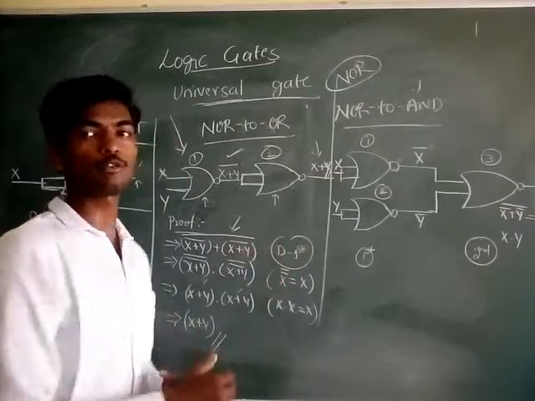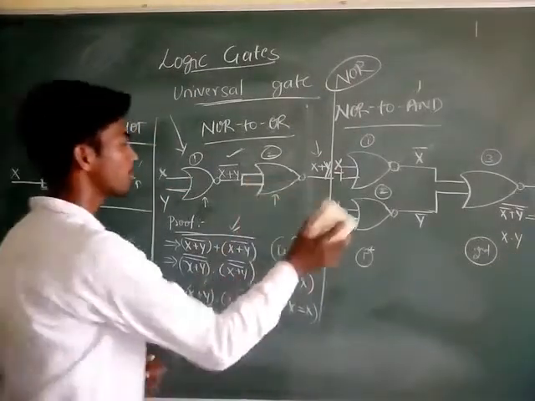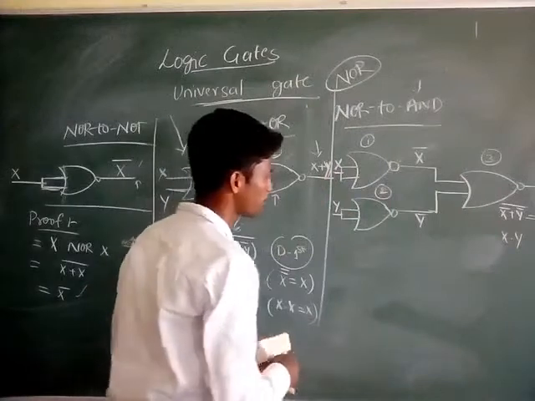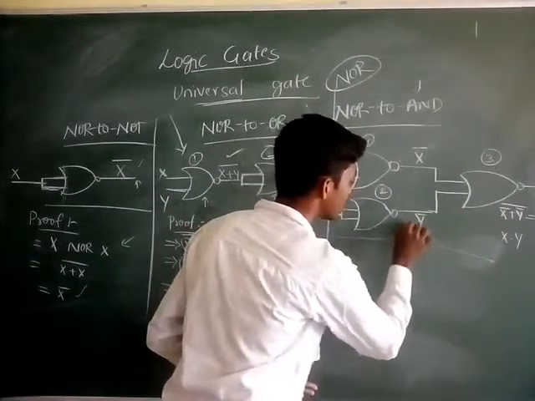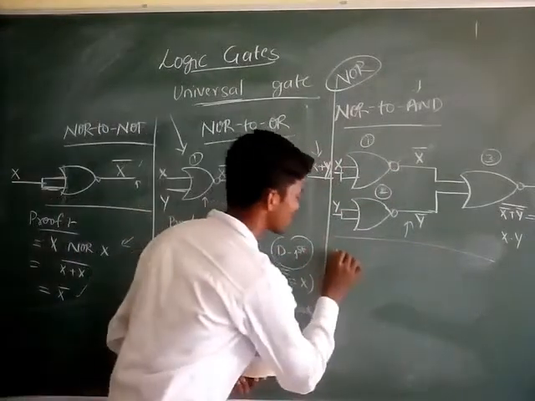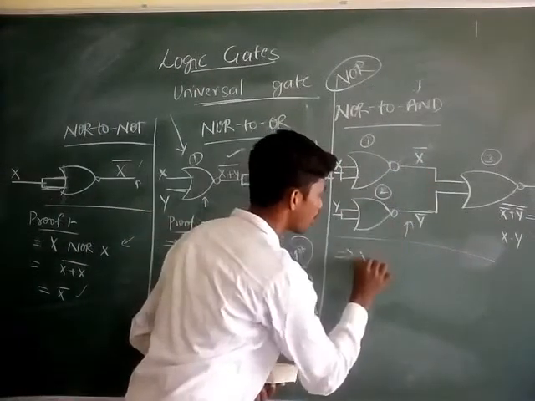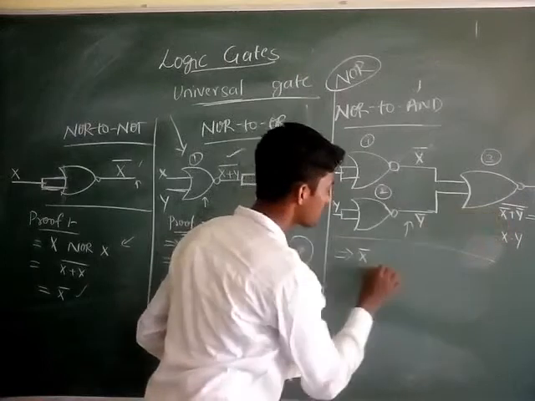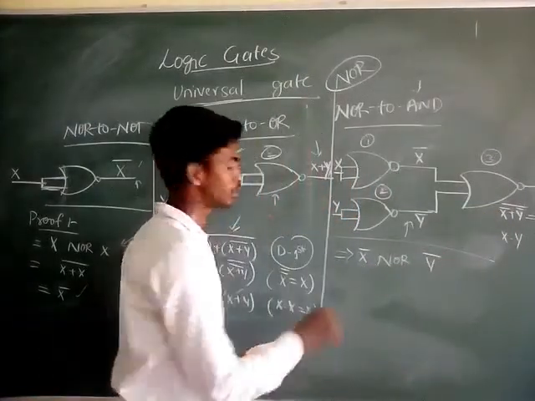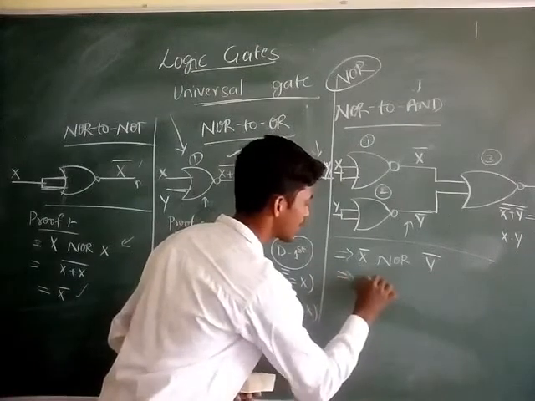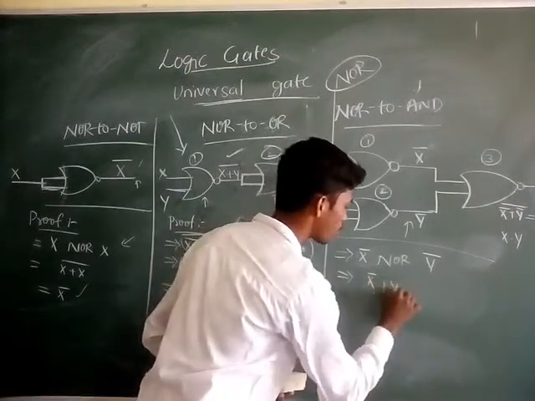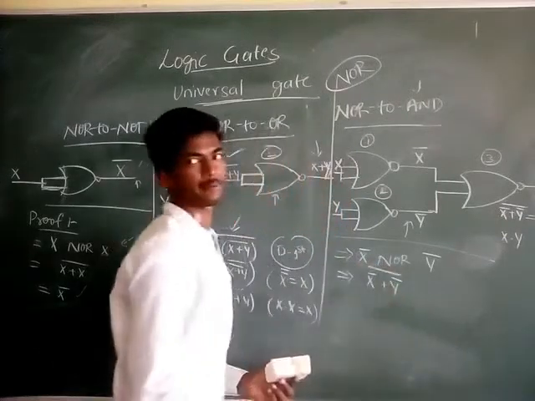Let us see the proof for this NOR to AND conversion. From the second level onwards, I will take into consideration X complement NOR Y complement, which in mathematical form we can write as X complement plus Y complement whole complement.